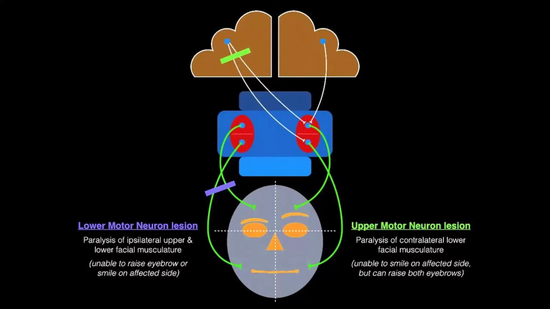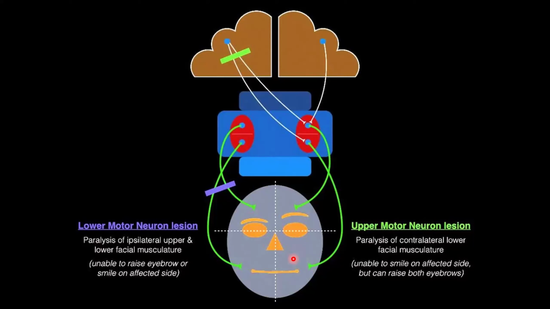Spastic, since upper motor neuron lesion. Absolutely. So it is spastic because we know that this consistent contractility that occurs is through the lower motor neurons. So if we remove this inhibitory signal from the upper motor neurons, we're going to have this spastic type of paralysis where everything is super constricted.